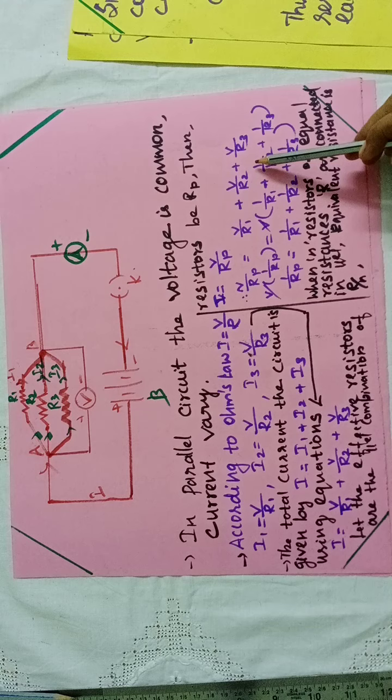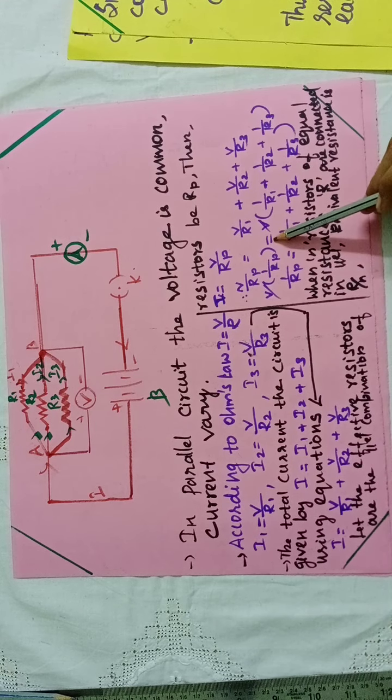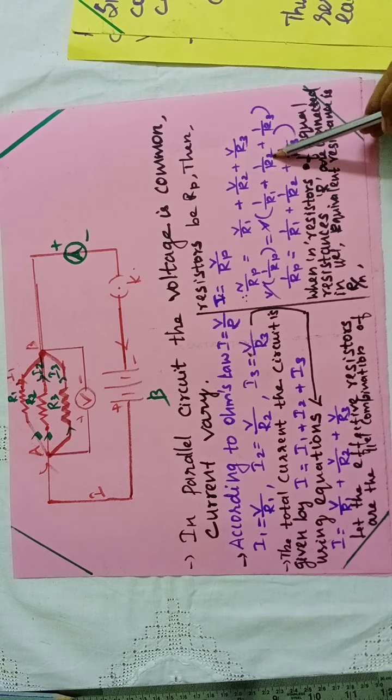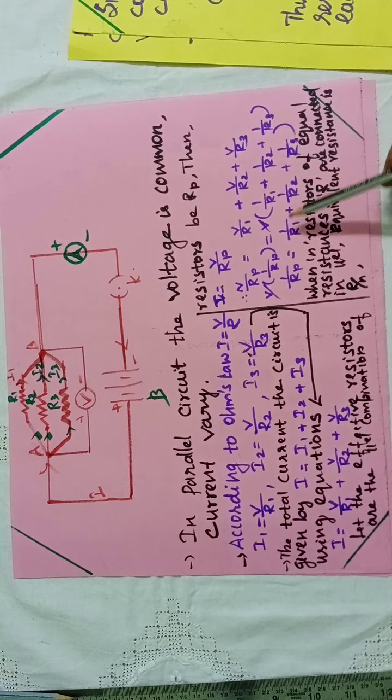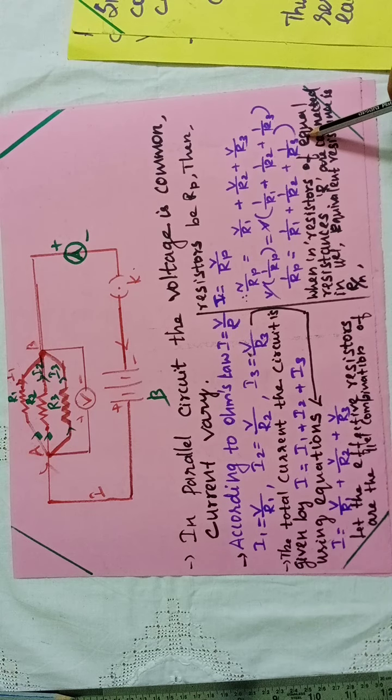We can take V as common, and cancel. 1 by Rp is equal to 1 by R1 plus 1 by R2 plus 1 by R3.